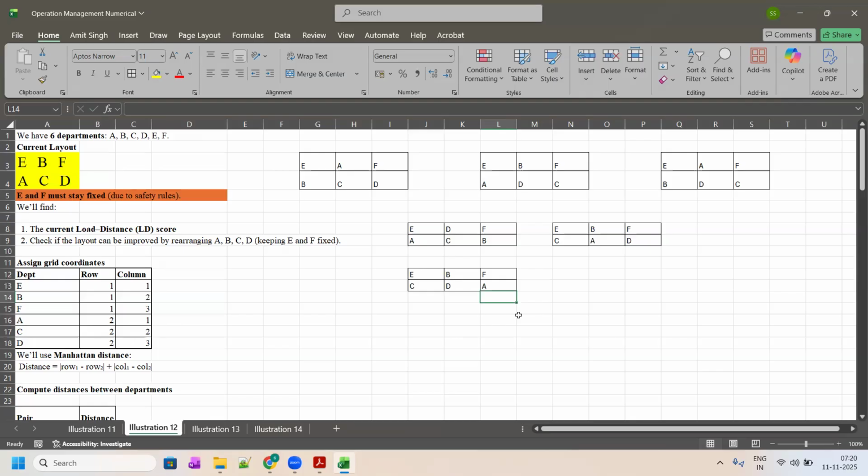Then I interchange the position of B and D, and then A and D: here D will come, here C will be there, and here A will come. So I think there would be many more possibilities.